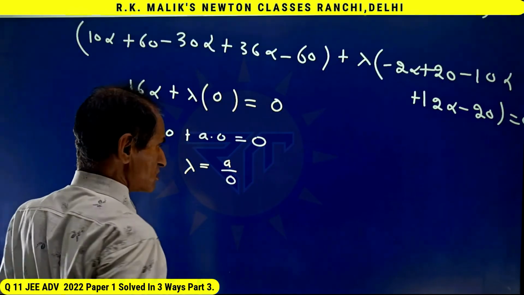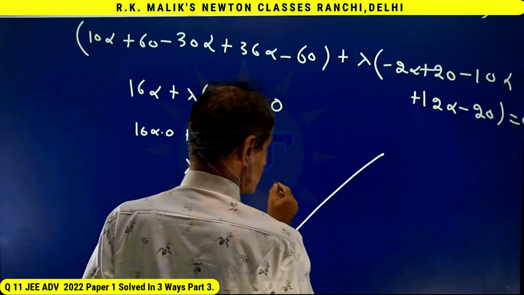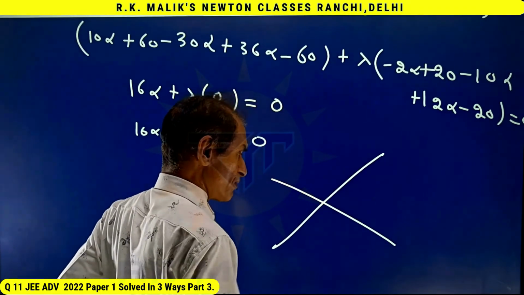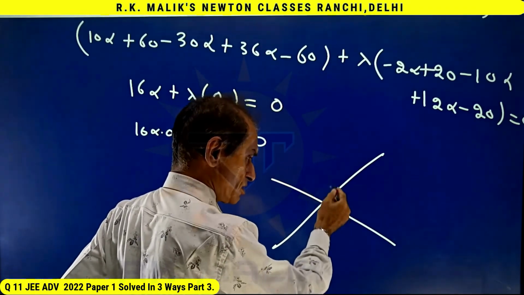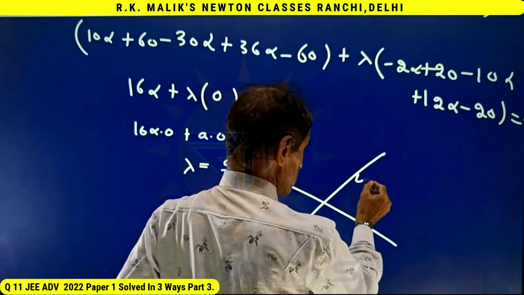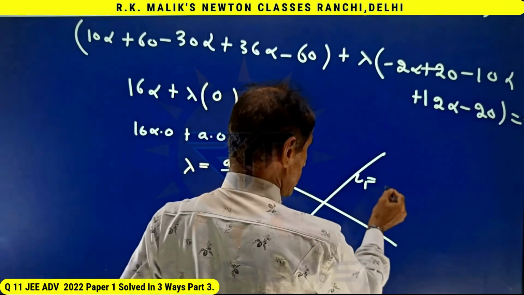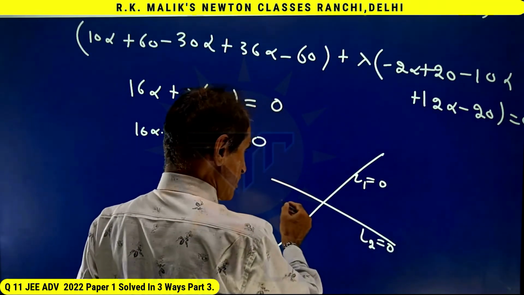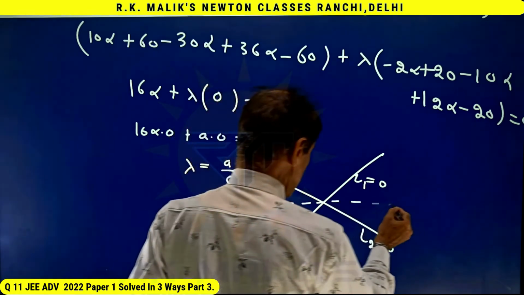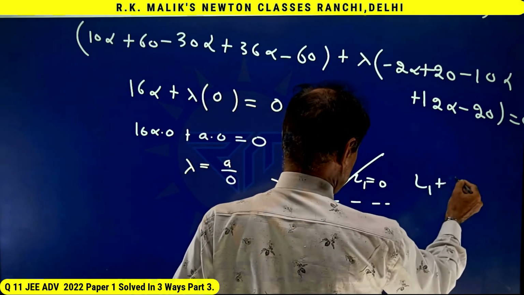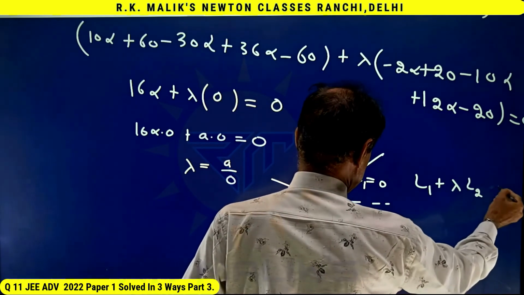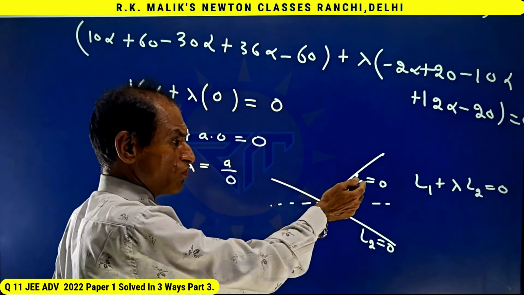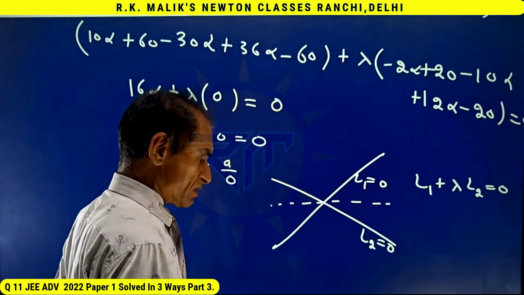But note that just like in 2D, if you are finding a line passing through the intersection of these two lines, so this is L1 equal 0 and this is L2 equal 0, then any line passing through the intersection is of the form L1 plus lambda L2 equal 0, and lambda is found with the help of some other condition given in the question.